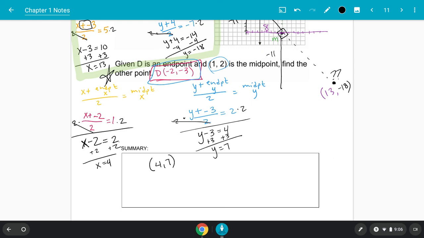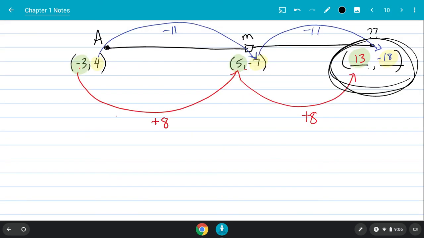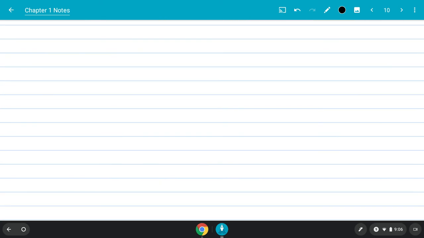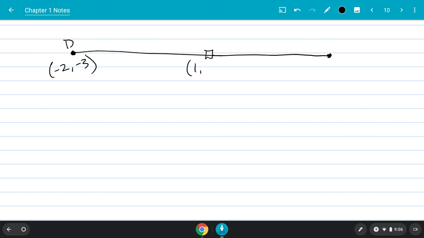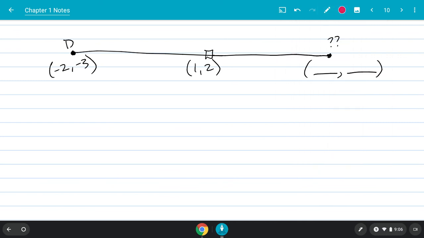Now, if you want to do the picture version, here's how it would look. So we would want to check in the x direction.